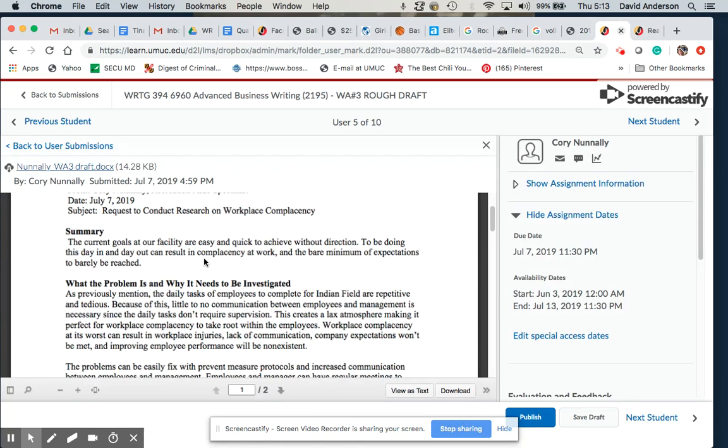So I have a quick understanding of the problem, and it looks like down here, the real problem is there's very little communication or no communication between management and staff. So I'm not sure which one it is: boring, repetitive work, or lack of communication? I think you need to clarify that. But in your summary, whichever one it is, identify the problem, suggest it briefly.